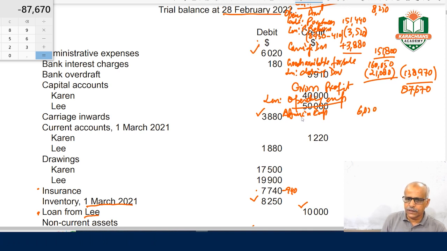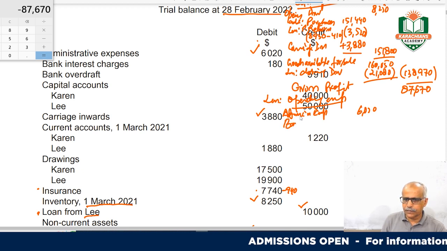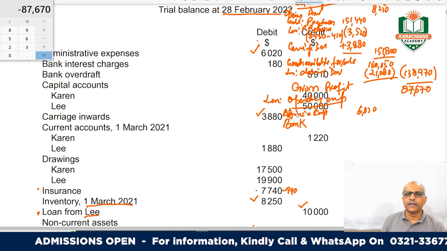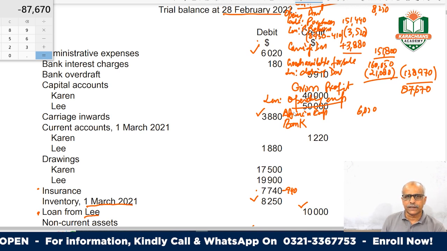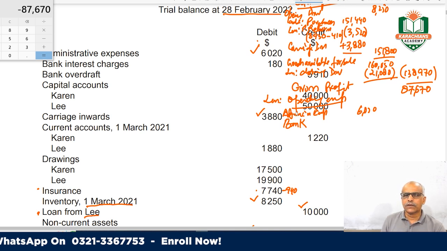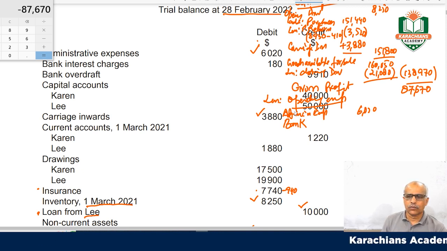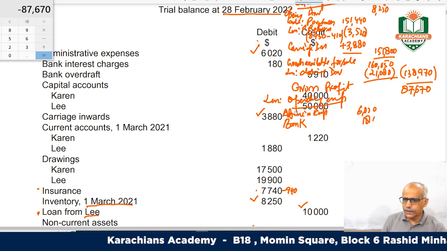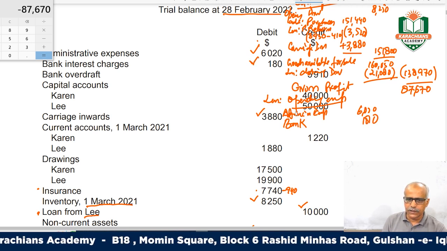And then bank interest. Remember one thing, bank interest is something different, which you pay to your bank. That is also an interest, but paid to the bank. On the other side, the interest on loan to the partner is something else. Both are interest, but they will be treated differently. So 180. We have done with this.